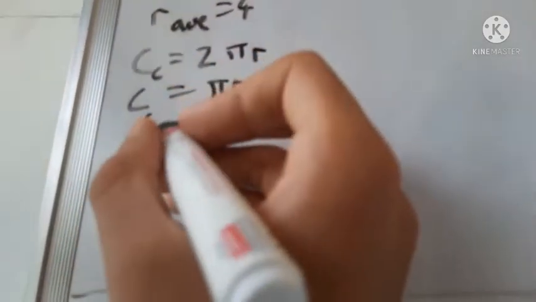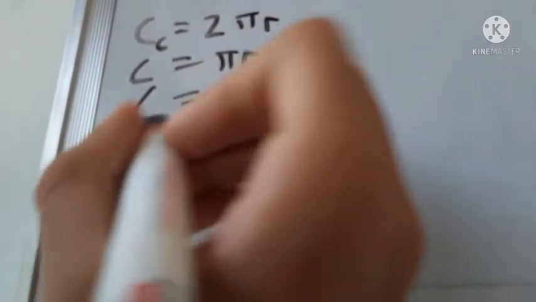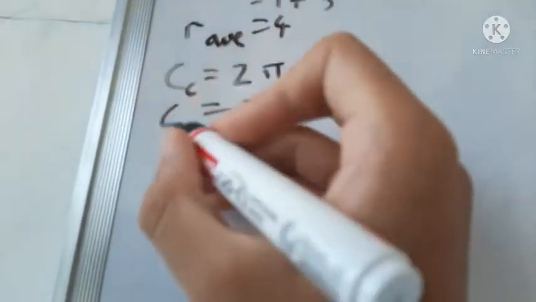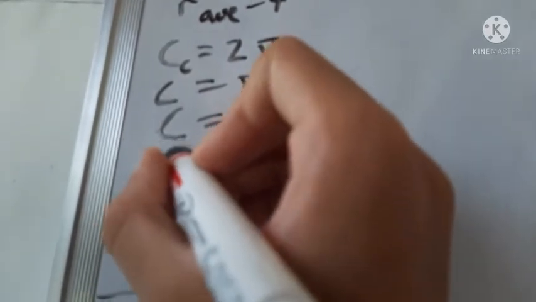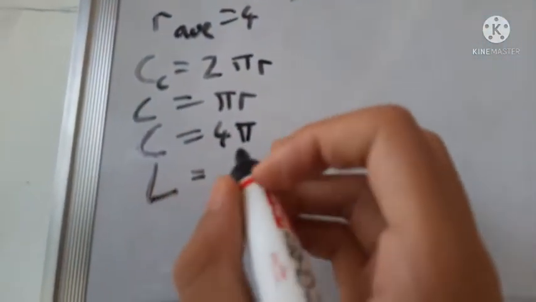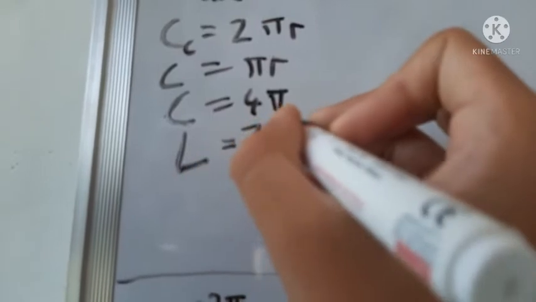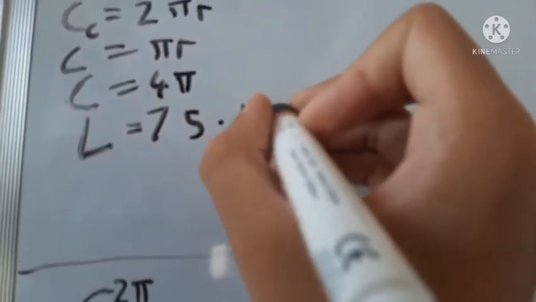So we have 75 trolls. So the length, let's call this L, wow, L and C look surprisingly similar. So the length is 75 times 4 pi.